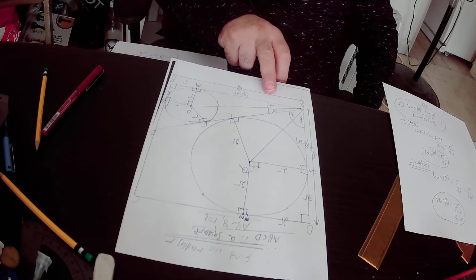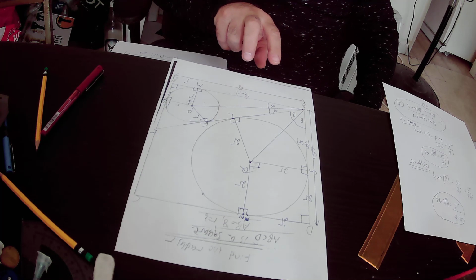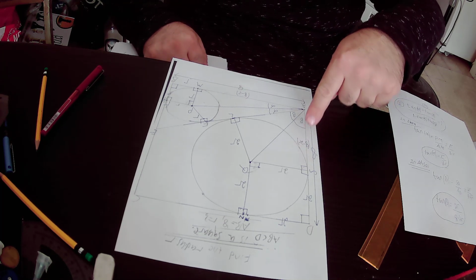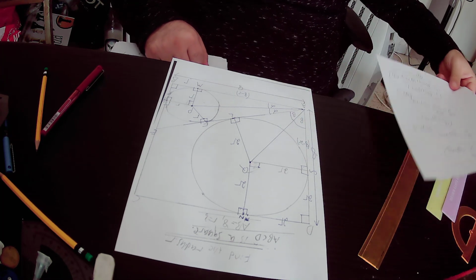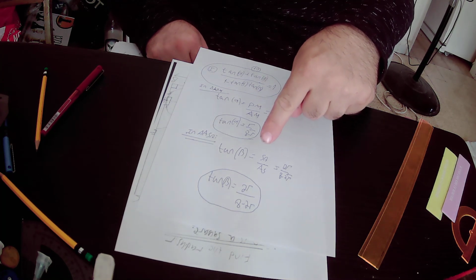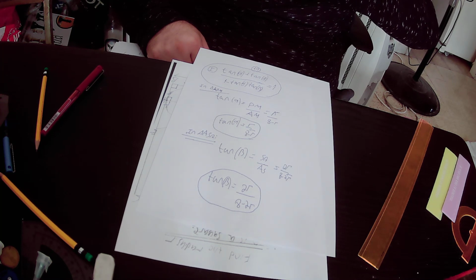Tangent alpha, in this right triangle, equals r over 8 minus r, and tangent beta in this right triangle equals 2r over 8 minus 2r. And we substituted, so tangent alpha equals r over 8 minus r, and tangent beta equals 2r over 8 minus 2r. Okay?